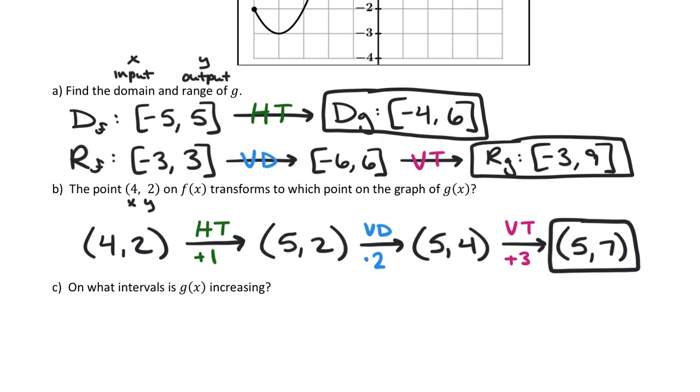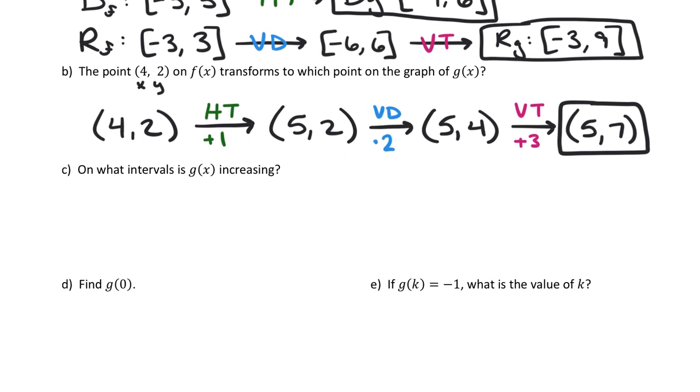Okay, let's talk about on which intervals g of x is increasing. To talk about where g of x is increasing, we need to first know where f of x is increasing. Here's a note to yourself that might be helpful to write down. G of x is going to be increasing when f of x is increasing.